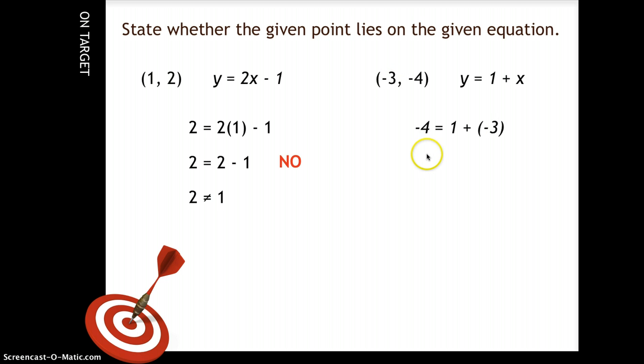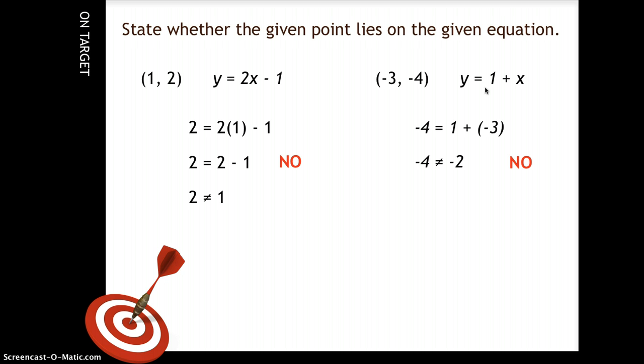So when we compute, is -4 equal to 1 plus -3? 1 plus -3 is -2. So we know -4 and -2 are not equal. So this means that point -3, -4 does not lie on the equation 1 plus x. So the answer is no.